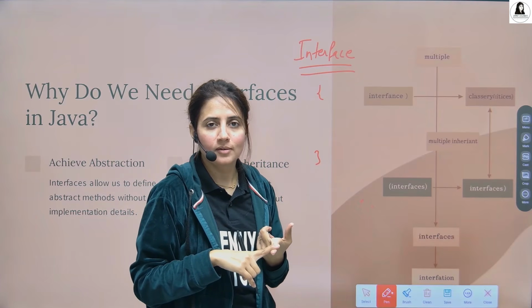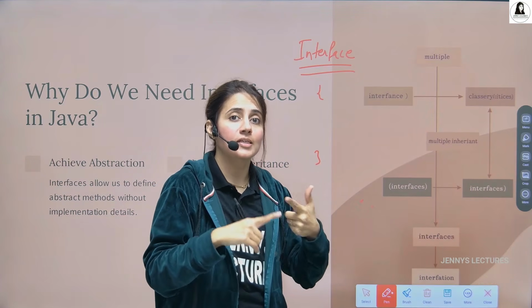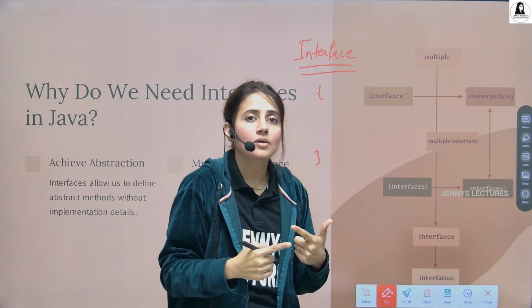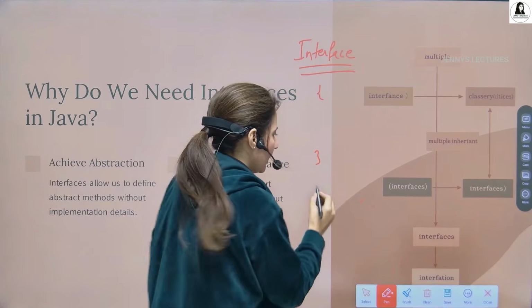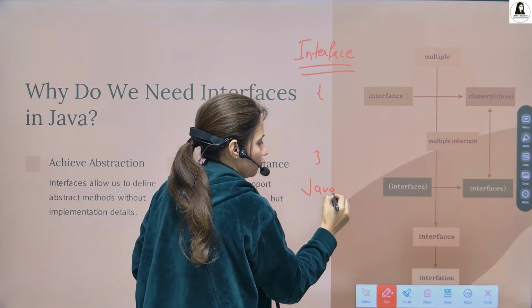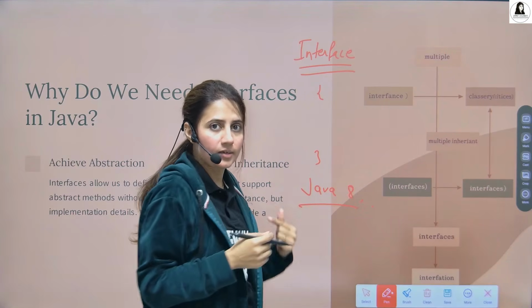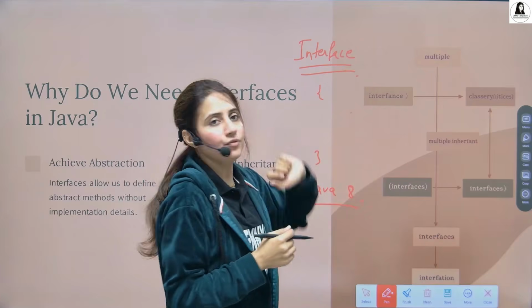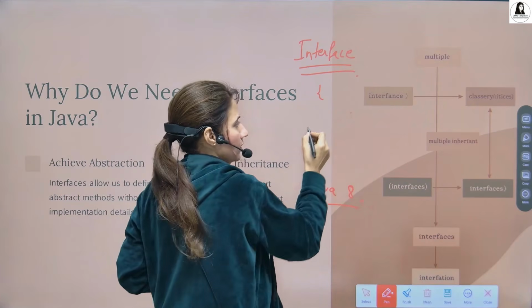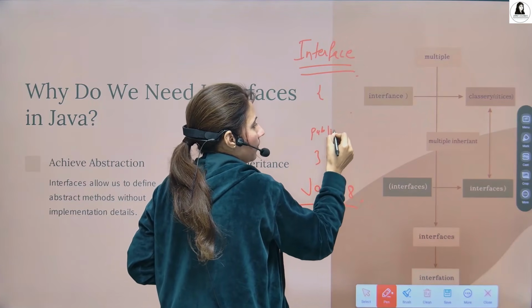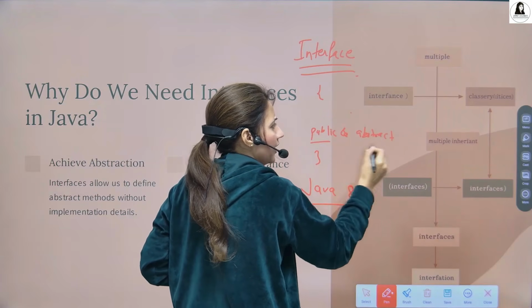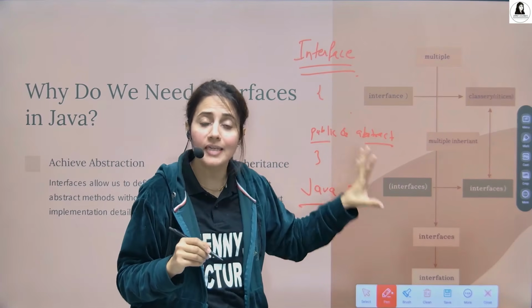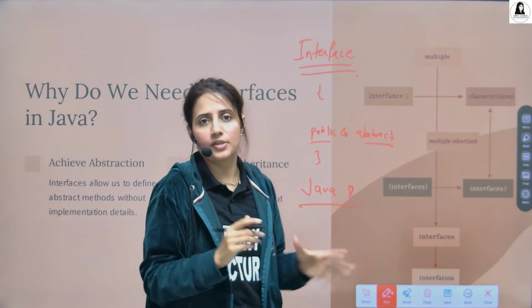No concrete methods are there. Prior to Java 8, that is, before Java 8, till Java 7, only public and abstract methods are allowed in interfaces. A method which is public and abstract is the only thing allowed in interfaces.